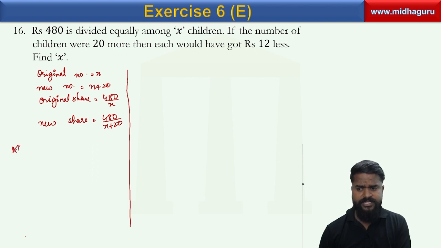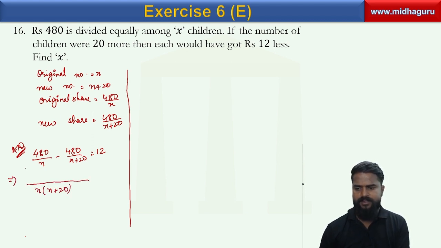So now according to the question, the difference between these two shares, since when the number of kids was less they would get more, is rupees 12. So based on that, we'll solve this quadratic equation. We'll get 480x plus 480 into 20 minus 480x is equal to 12.